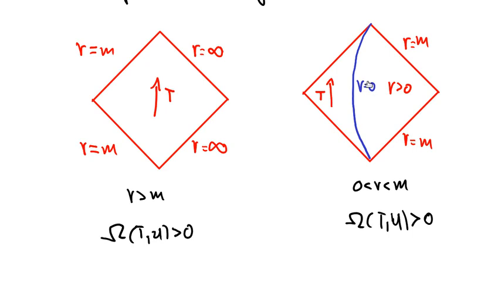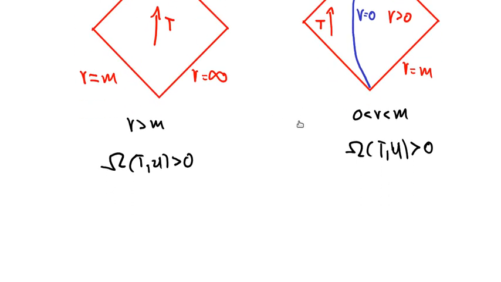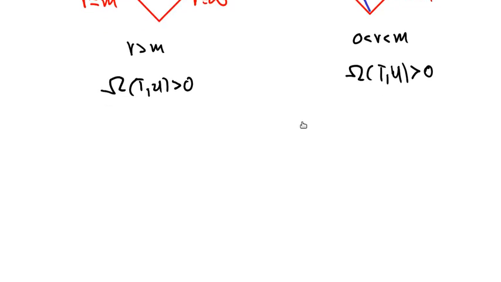Okay, and so all that remains to be done is to match these two Penrose diagrams and put them together in the fashion which we already know. So this is all very simple.